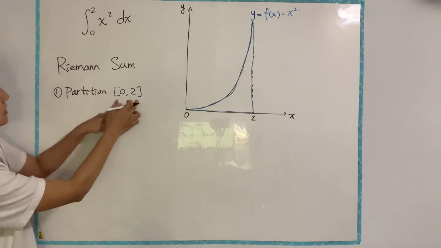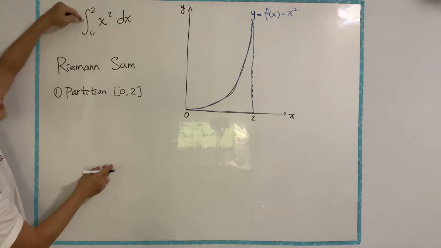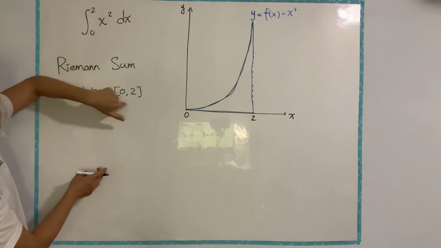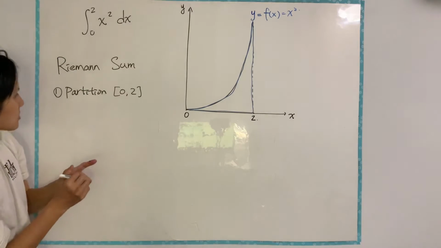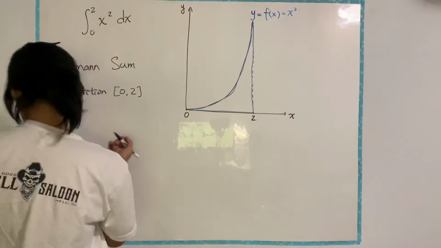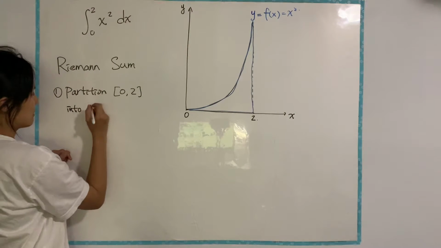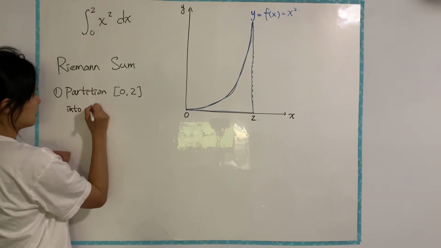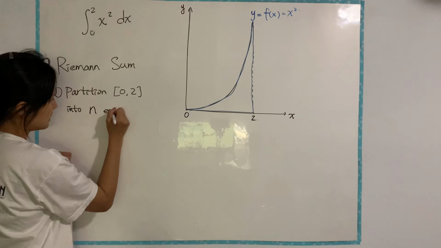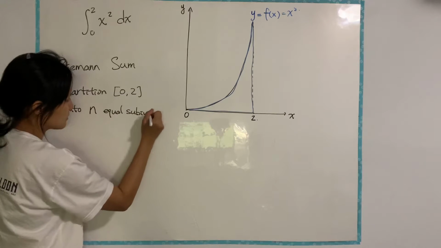So what I want is to partition the interval that you have in your definite integral. So if I have 1 to 2, then the interval here would be 1 to 2. Okay. So what we can do is an even partition into n equal subintervals.